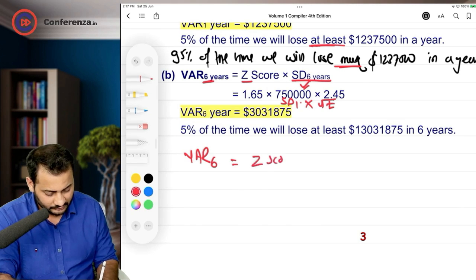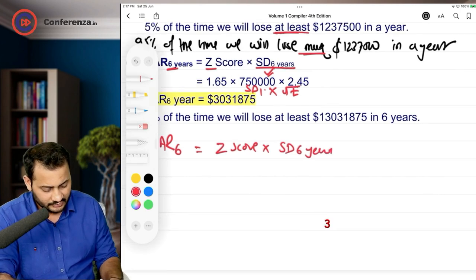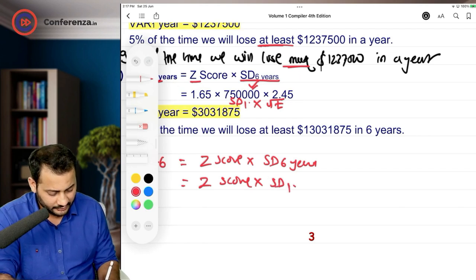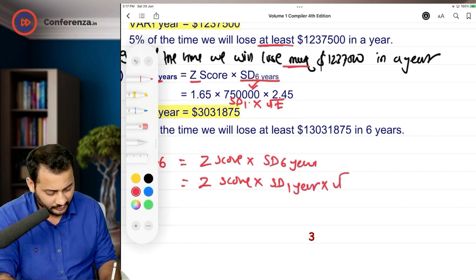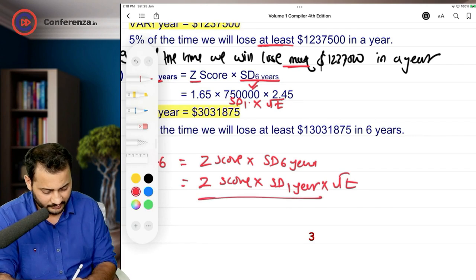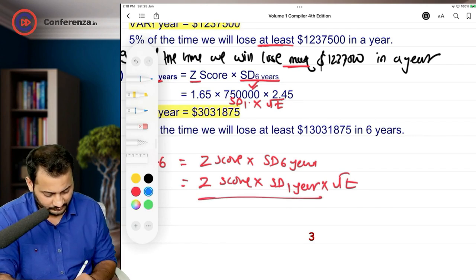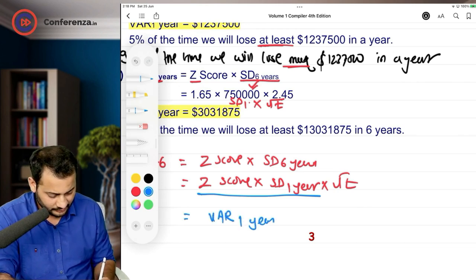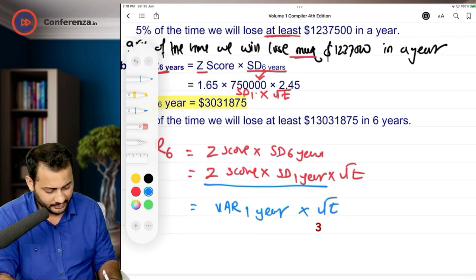Z score into standard deviation of 6 years. The shortcut will also help. Z score into standard deviation of 1 year into under root t, and this much of the area is called as VAR for 1 year, which has already been calculated by us.